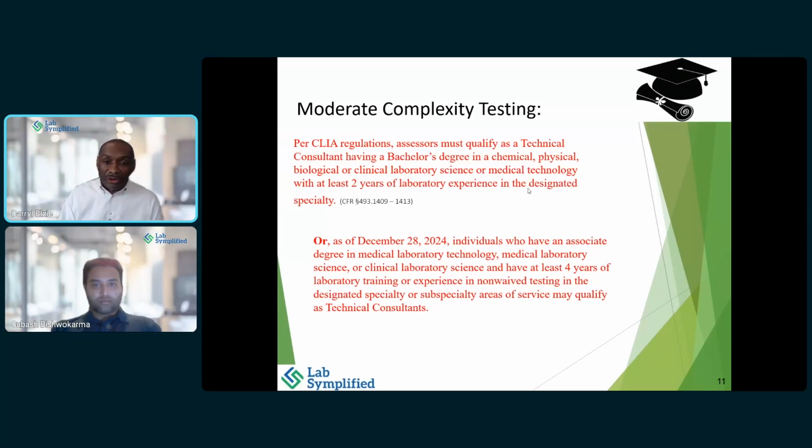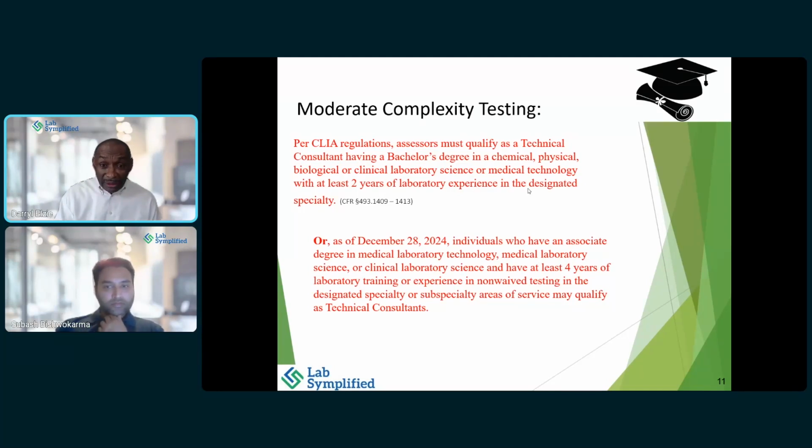It seems like the MLTs who are very qualified were sitting right next to the bachelor's degree tech or the technologist and saying, well, I can't move anywhere because without that bachelor's degree, even though they can do the testing and they understand the science behind it. The caveat here is that the associate's degree has to be in medical laboratory technology or clinical laboratory science.